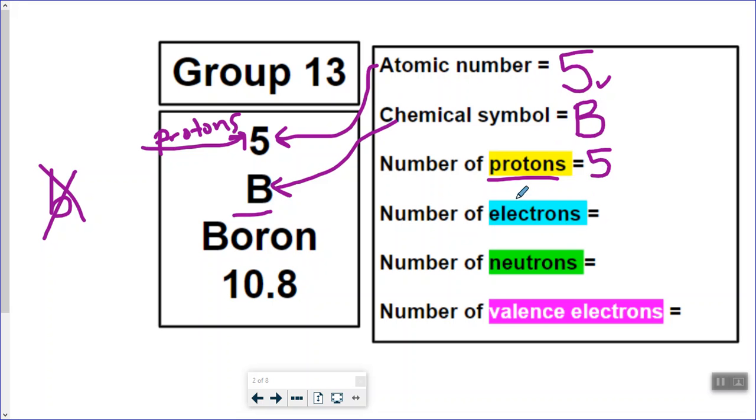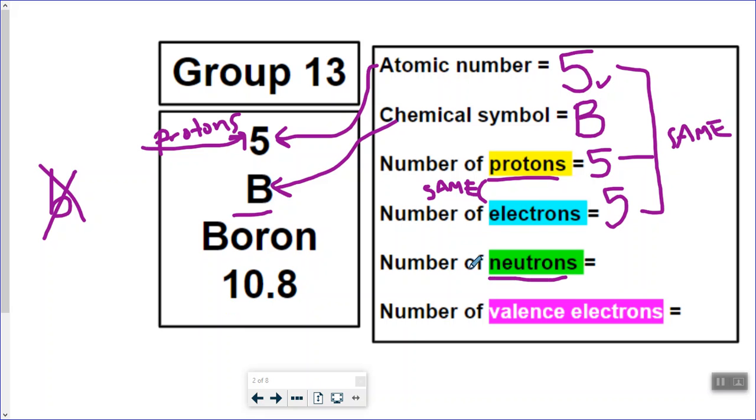The number of electrons is the same as the number of protons. El número de electrones es siempre lo mismo que el número de protones. So boron has 5 protons. That means it has 5 electrons. Okay, again, these numbers are going to be the same.